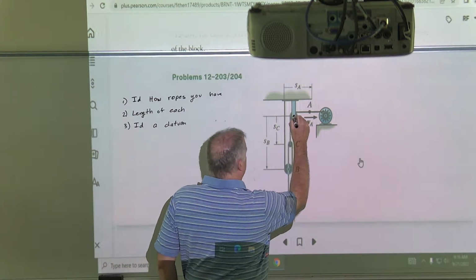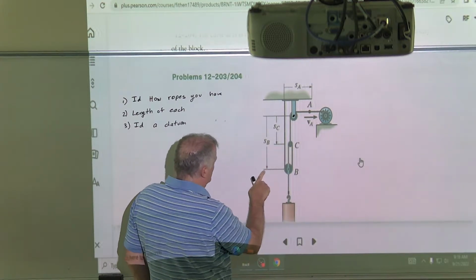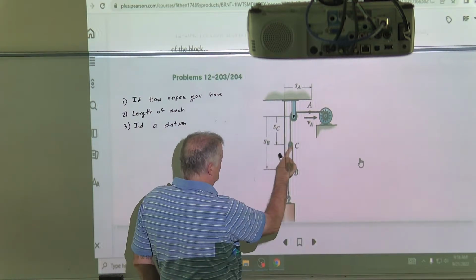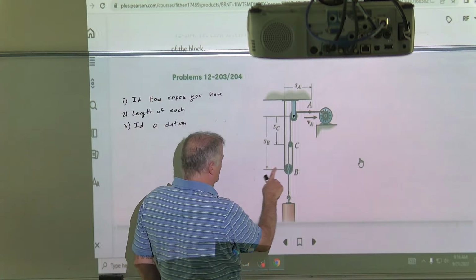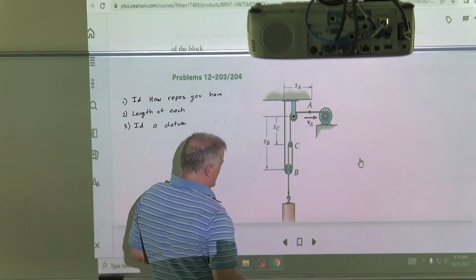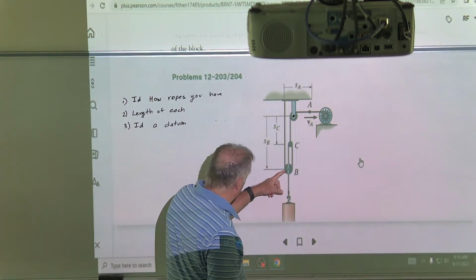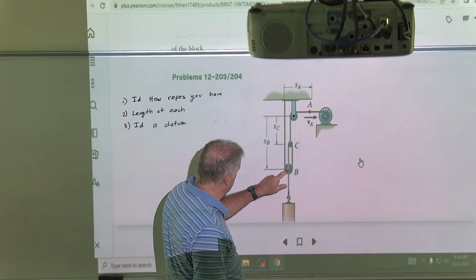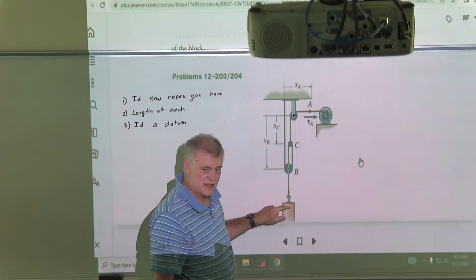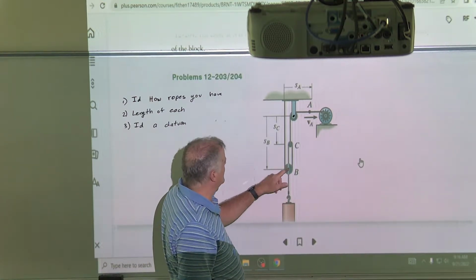So I'm just going to pick this as one of the datums. What he's drawn here is a little distance down to the pulley C, and then a distance down to the pulley B. Now, you can have a description from here to here, but whatever the motion of B is going to be the motion of this thing. So those things go together.